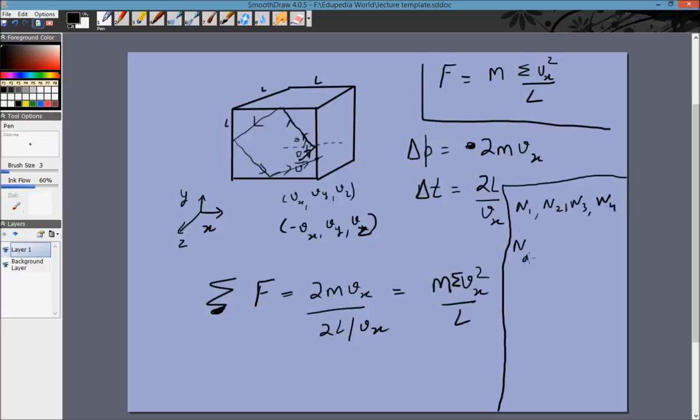N average is defined as n1 plus n2 plus n3 plus n4 by 4. So this is the average of n. There is another quantity called the N RMS. RMS stands for root mean square.